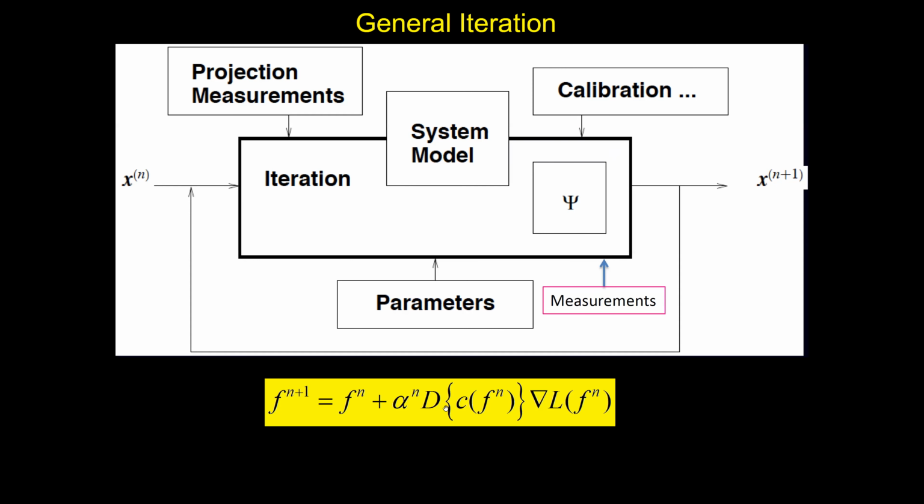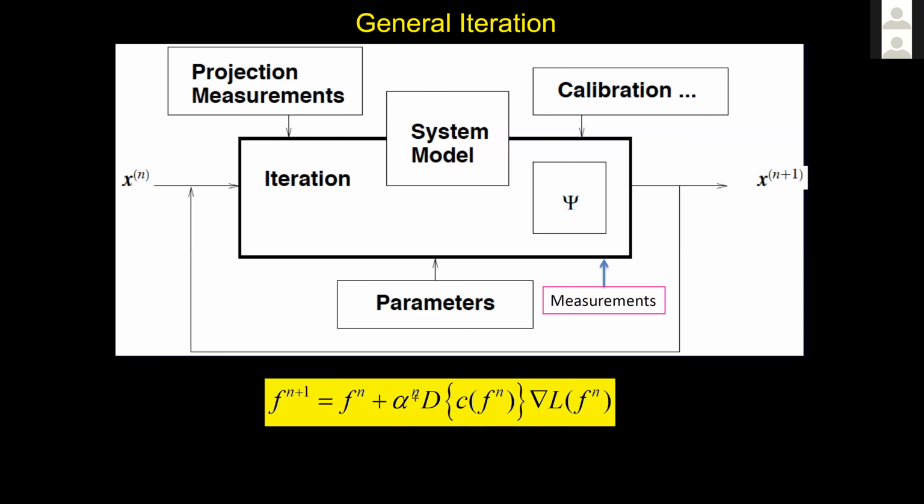If you write it in mathematics, basically this is a gradient-based update. You have your current estimation of the image f_m, and you calculate the gradient of your likelihood. Then you weight it by something called a preconditioner, which is a function of your current image.